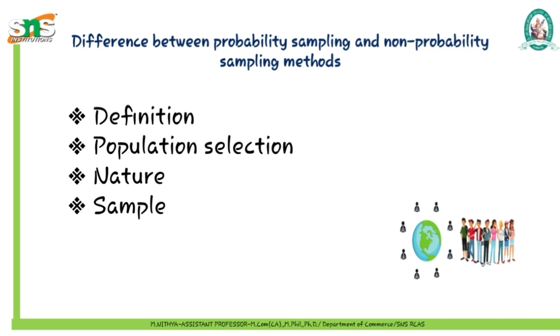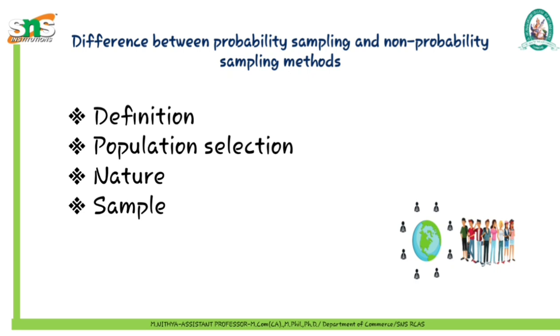Definition. Probability sampling is a sampling technique in which samples from a larger population are chosen using a method based on their theory or probability. It is alternatively known as the random sampling method. Next point, population selection.